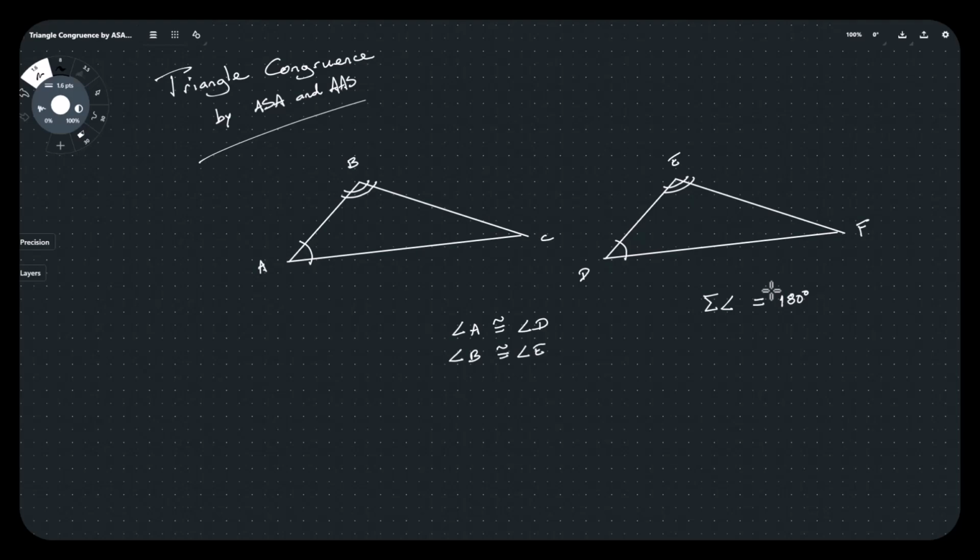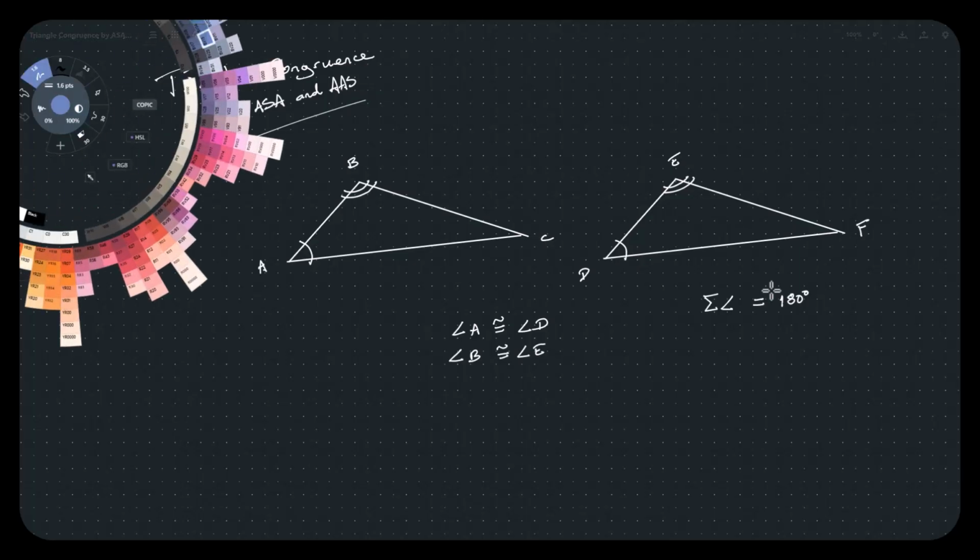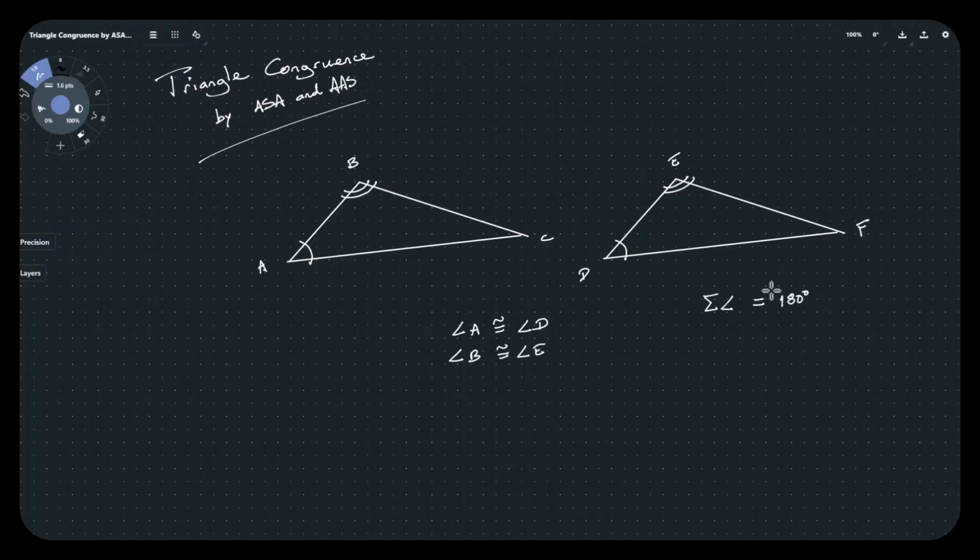I have two angles, because angle A is congruent to angle D and angle B to angle E, and because I know that all the angles inside a triangle have to add up to 180 degrees, I know for sure I can say angle C has to be congruent to angle F. This was my third angle theorem.